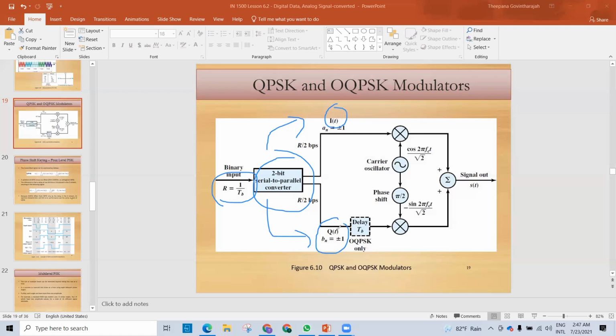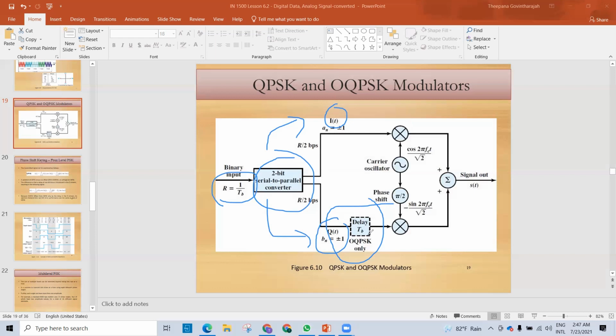And in OQPSK only, you will have the system to give a delay of TB seconds. TB is the transmission time for 1 data bit. But this setup is present only in OQPSK, not in QPSK.